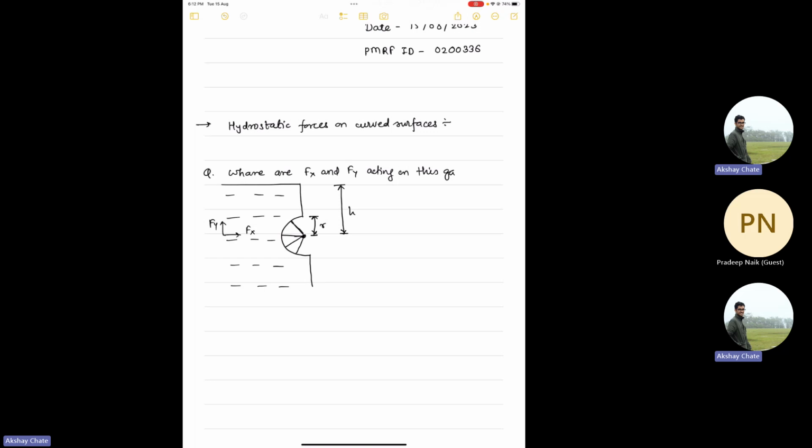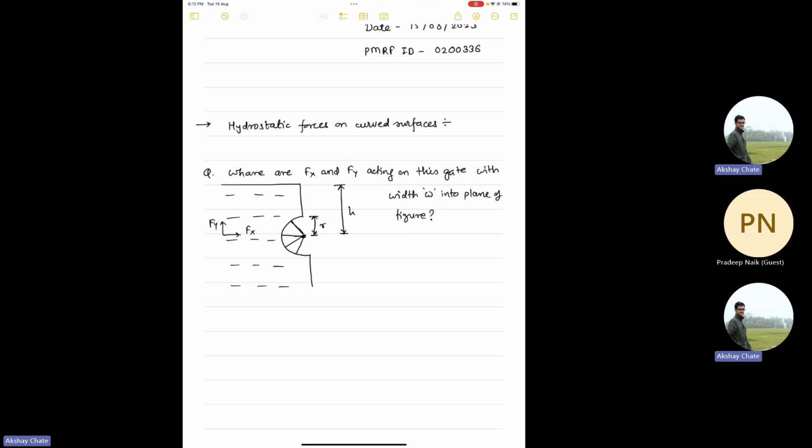So acting on this gate with width W, the gate width is given, which is into the plane of the figure, and you have some options. I'll give those also, or maybe I'll not give the options, because if I give options, maybe it becomes somewhat easy.